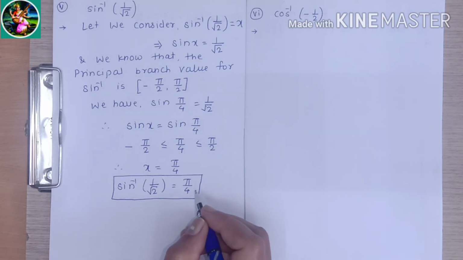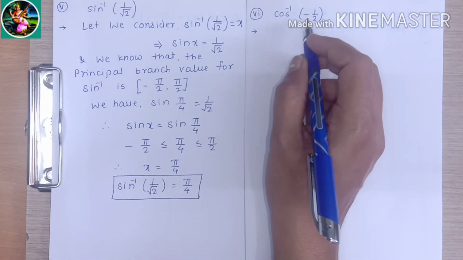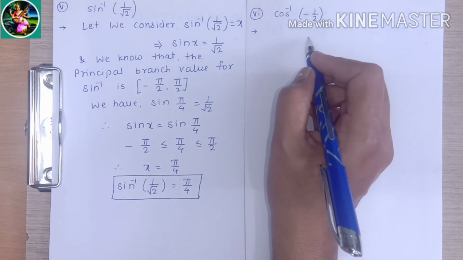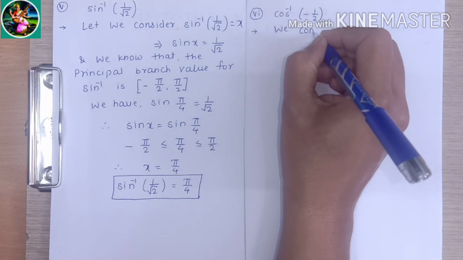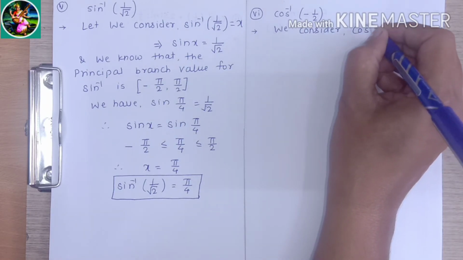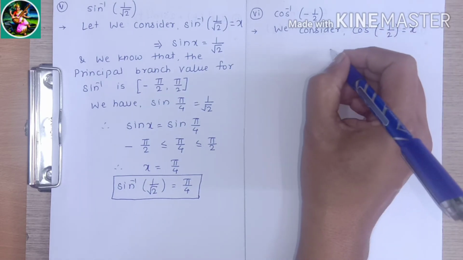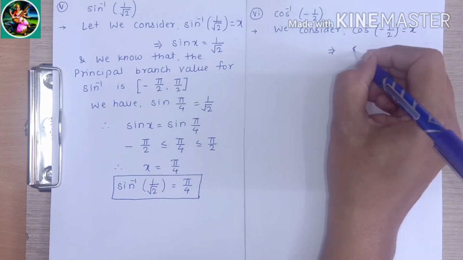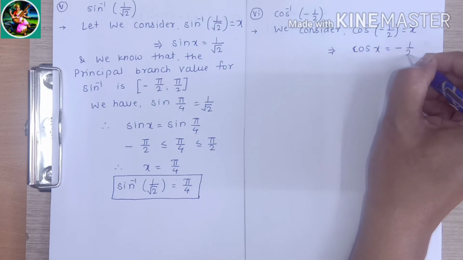Now we are going to solve the next example, that is cos inverse of minus 1 upon 2. Here also we consider that cos inverse of minus 1 upon 2 is equal to x. That will imply cos x is equal to minus 1 upon 2.